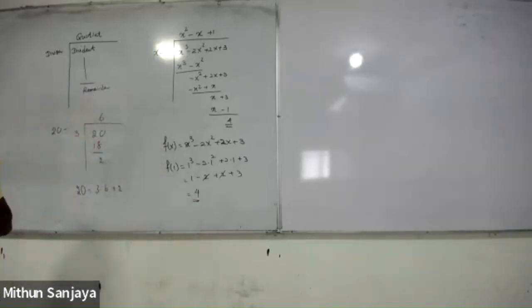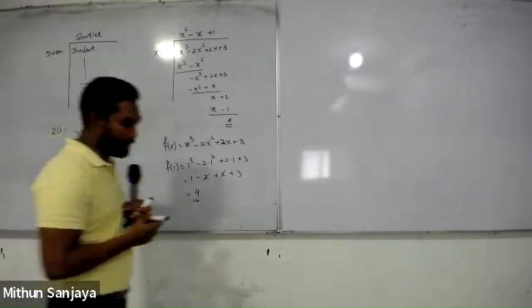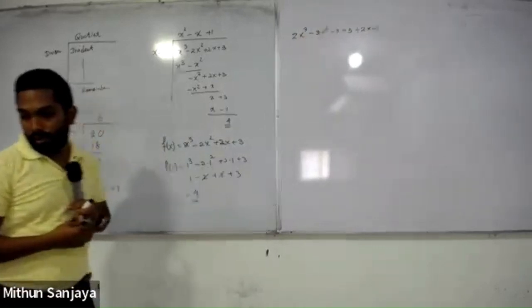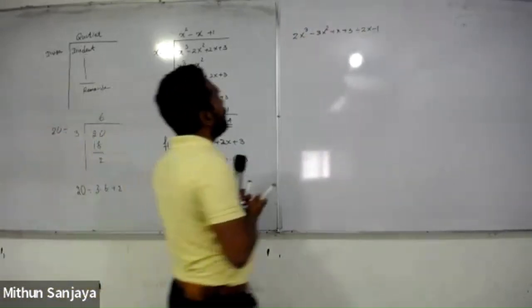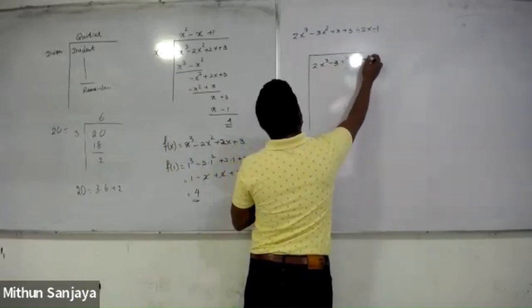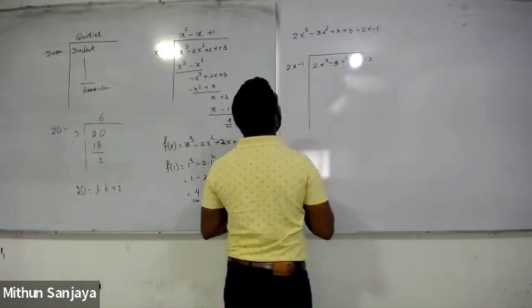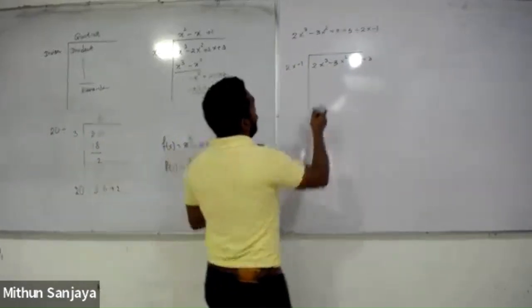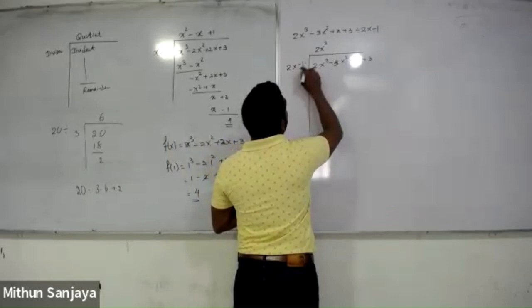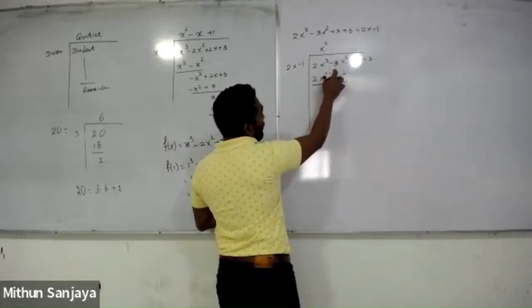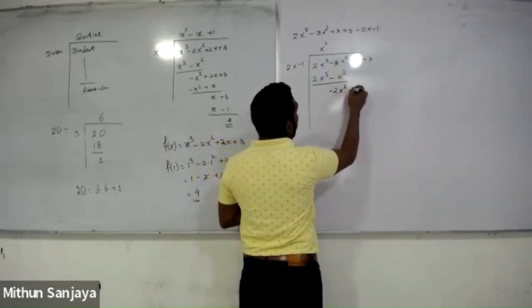We got the next one: 2x cubed minus 3x squared plus x plus 3 divided by 2x minus 1. Let's do the long division. 2x cubed divided by 2x is x squared. x squared times 2x minus 1 gives 2x cubed minus x squared. Subtracting, we get minus 2x squared plus x plus 3.